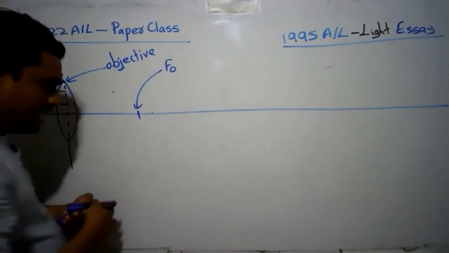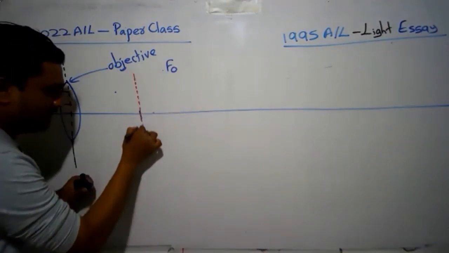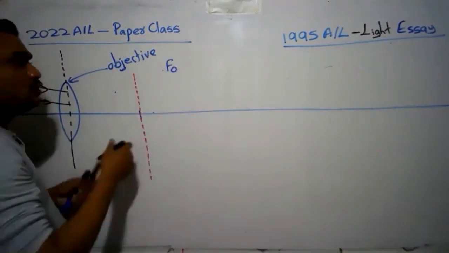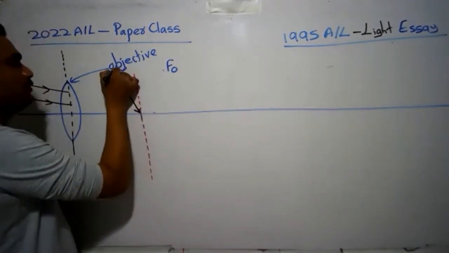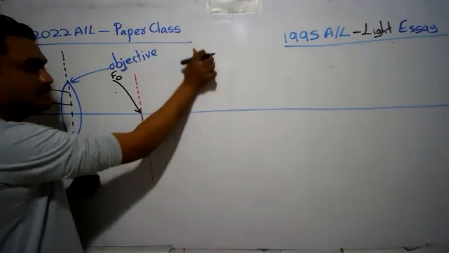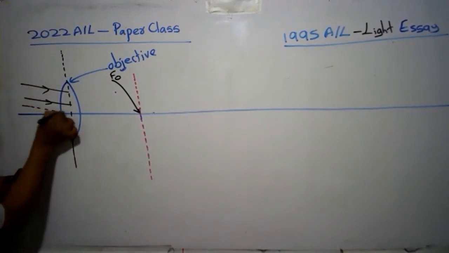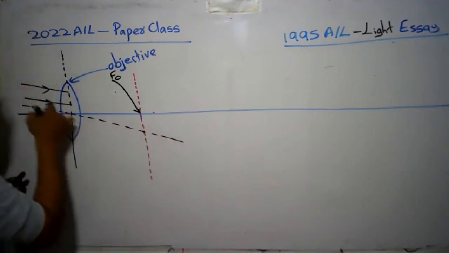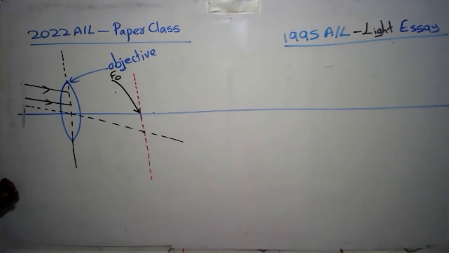As usual, I'll draw a dotted line perpendicular to the principal axis through the focal point of the objective lens. Then I'll take a virtual light ray which is parallel to these two light rays coming from the distant object.